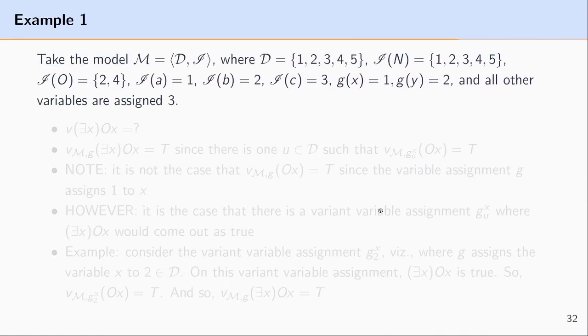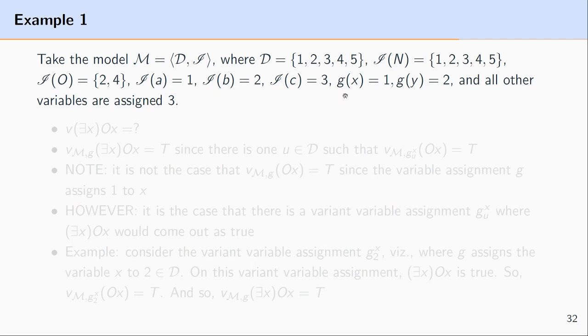Let's take a model, which consists of a domain and an interpretation. The domain will consist of 5 objects: 1, 2, 3, 4, 5, so just 5 numbers. We'll have an interpretation of a one-place predicate N, which we could let stand for the numbers: 1, 2, 3, 4, 5. O will refer to 2 and 4. We'll have an interpretation of a, b, c, and that will refer to 1, 2, and 3 respectively.